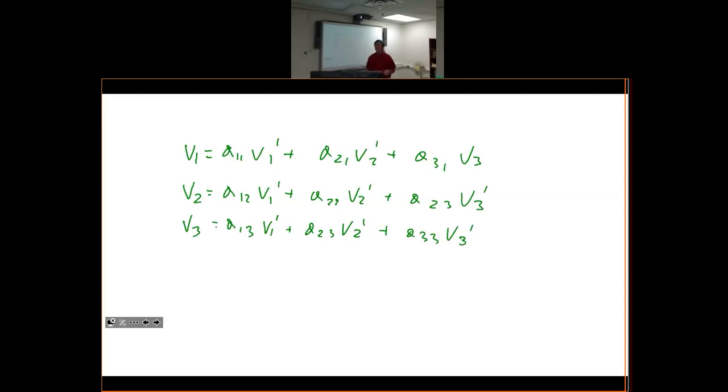So we can transform from unprime to prime or in both directions, okay, using this transformation.